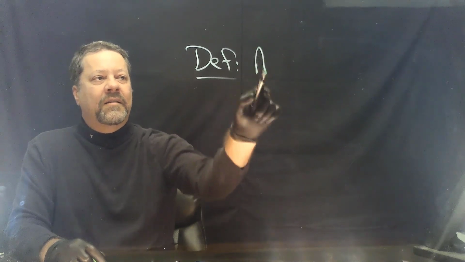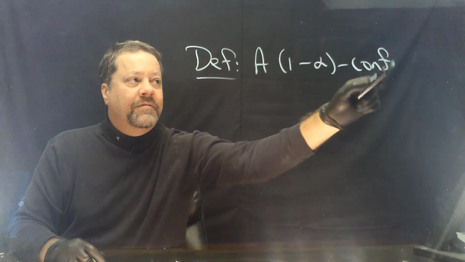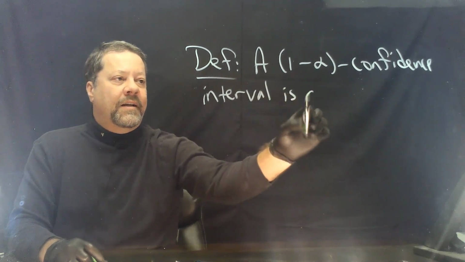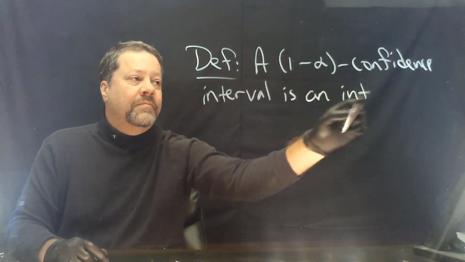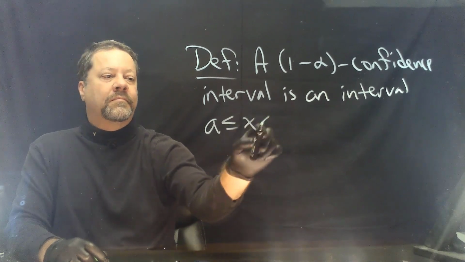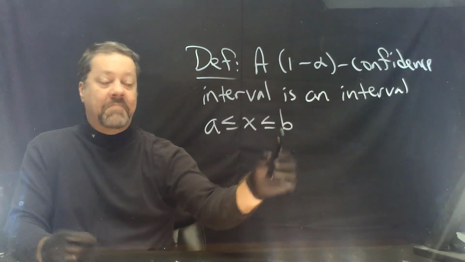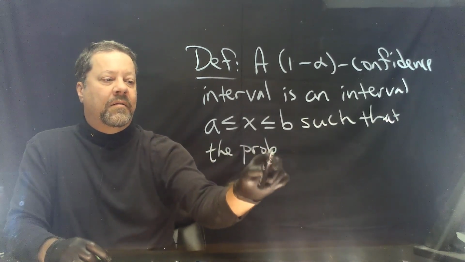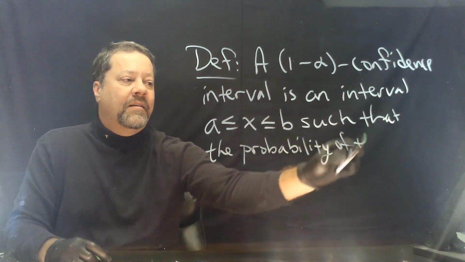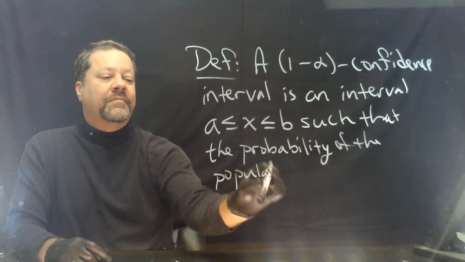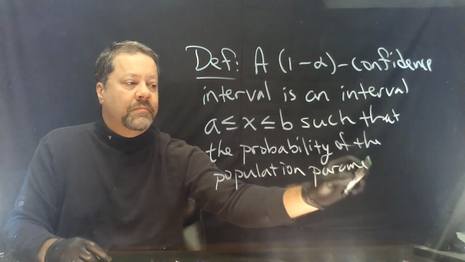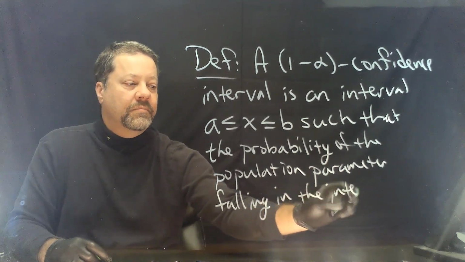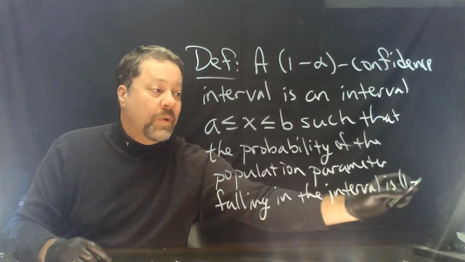On the other hand, a 1 minus alpha confidence interval is an interval of values between, say, A and B, such that the probability of the population parameter falling in the interval is 1 minus alpha.